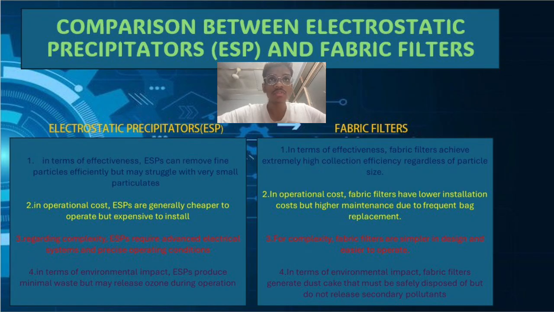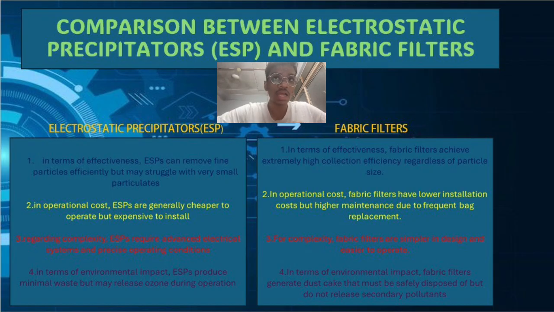So first, in terms of effectiveness, ESPs can remove fine particles efficiently but may struggle with very small particles, while fabric filters achieve extremely high collection efficiency regardless of the particle size. Second, in operational costs, ESPs are generally cheaper to operate but expensive to install, while fabric filters have lower installation costs but higher maintenance due to the frequent bag replacement.